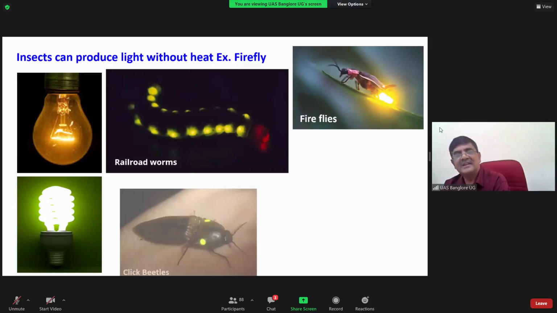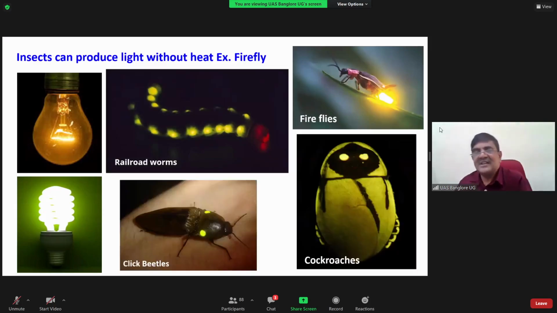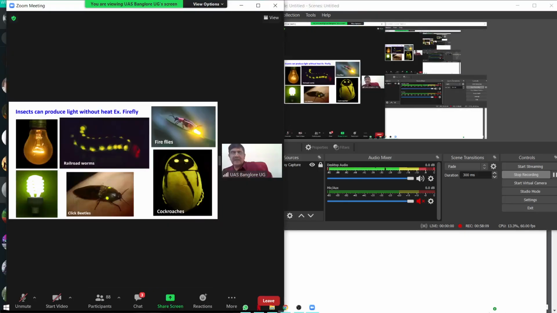You can see here some of the insects that can produce light. It may be fireflies, railroad worms, click beetles, or cockroaches. During night time, their body will glow. That means insects are the only organisms that can produce 100% light without heat production.